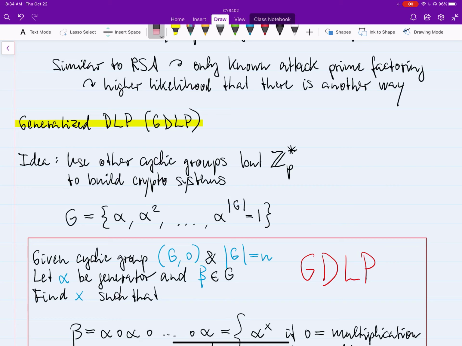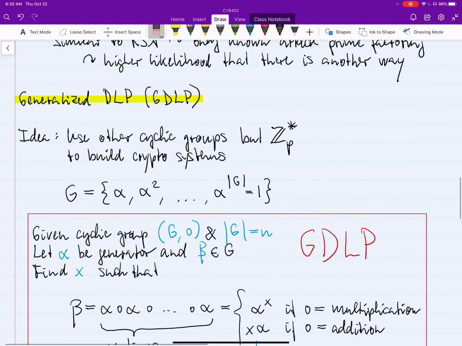So this is also a one-way function. It's just different in the semantics. Experts seem to agree that there is a higher likelihood that RSA can be solved in a different way than just trying to find the prime factors, the prime factorization, as a brute force mechanism.